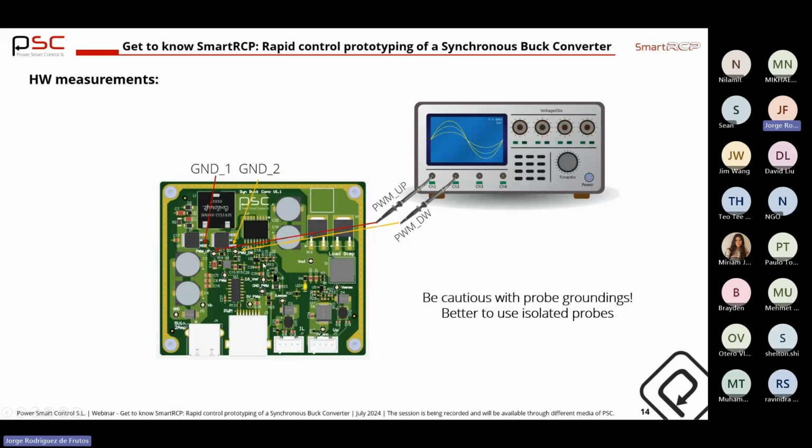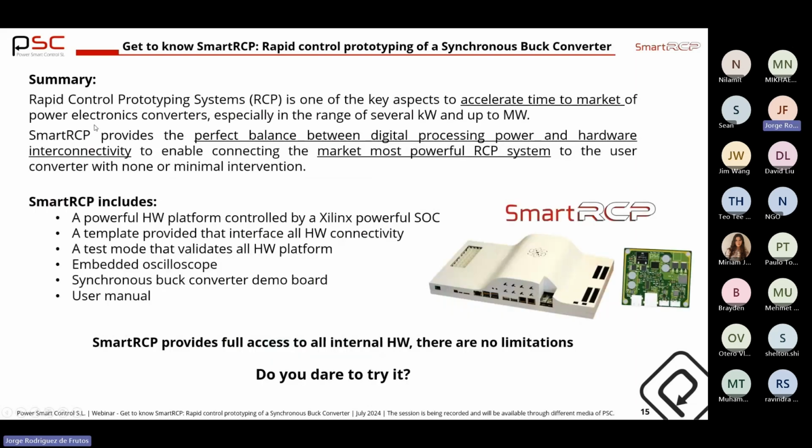So what have we seen today? We have seen how to use the SmartRCP platform we provide, and how it can be used to control, in this case, a buck converter, but it can be used to control whatever converter or system you have, as the hardware specs of this SmartRCP system are awesome.